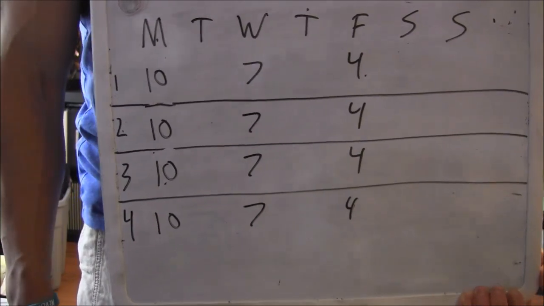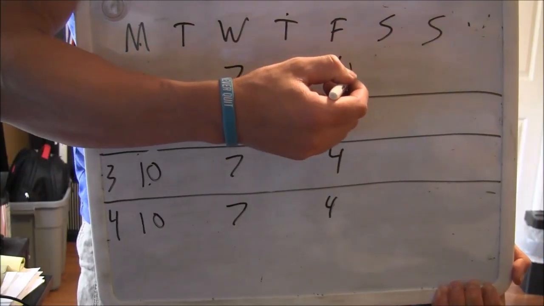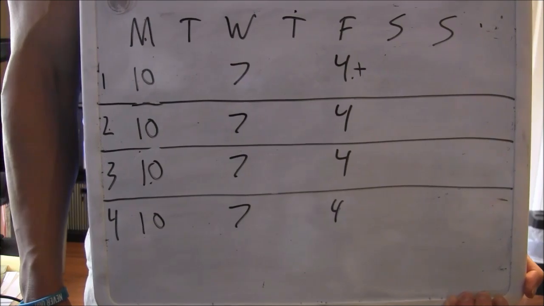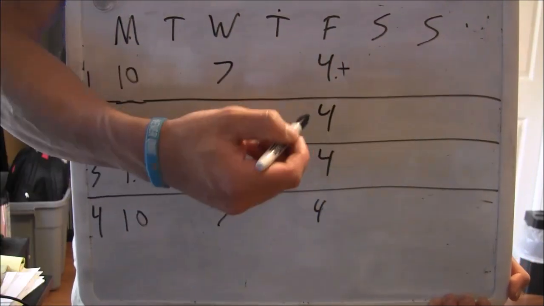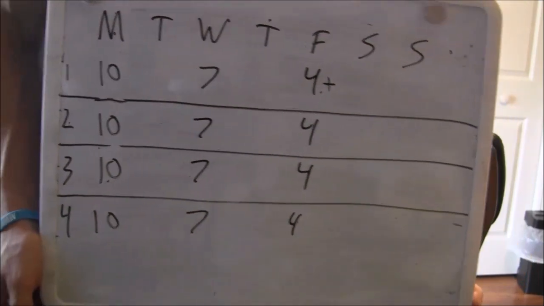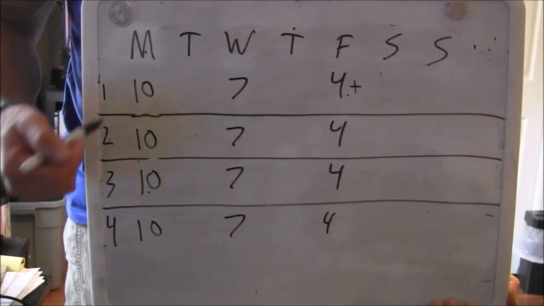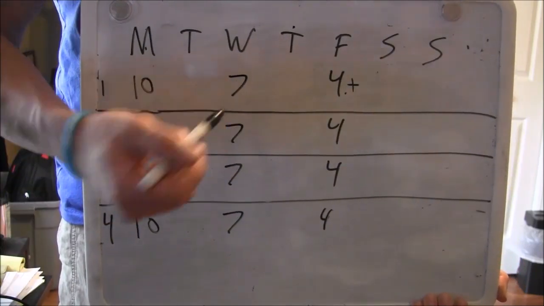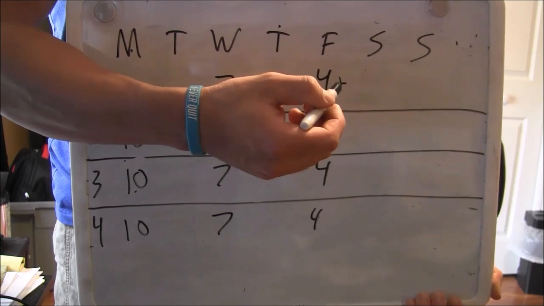And then what you could do is on these days put a plus set in. So for example for me, this is actually kind of similar to a training block I would do. 3 sets of 10, 5 sets of 7, 7 sets of 4.